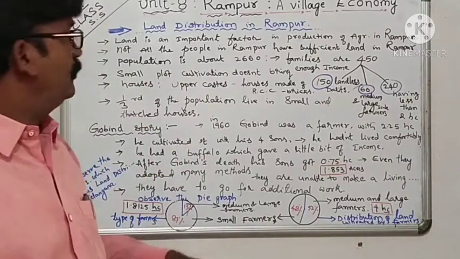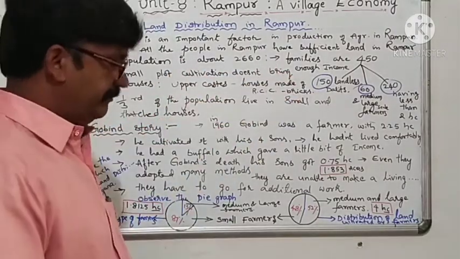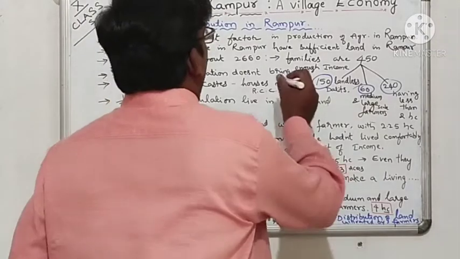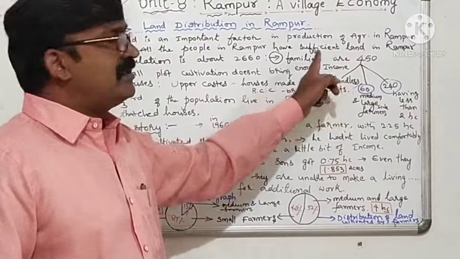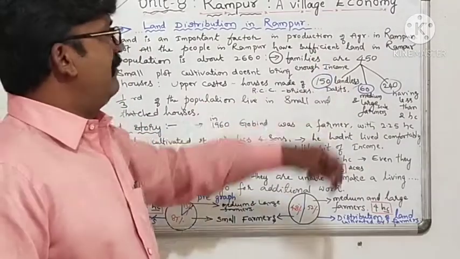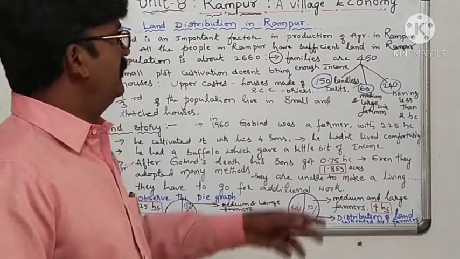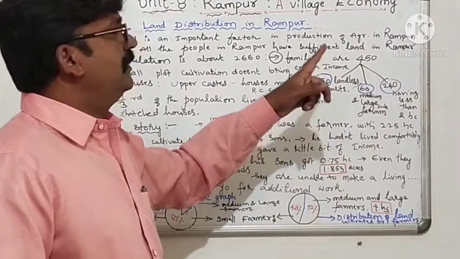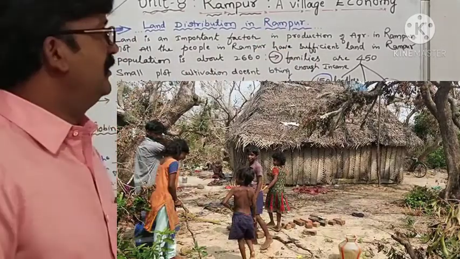And if you come to families, 450 families are there in Rampur. Among these families, if we divide, 150 families are completely landless.